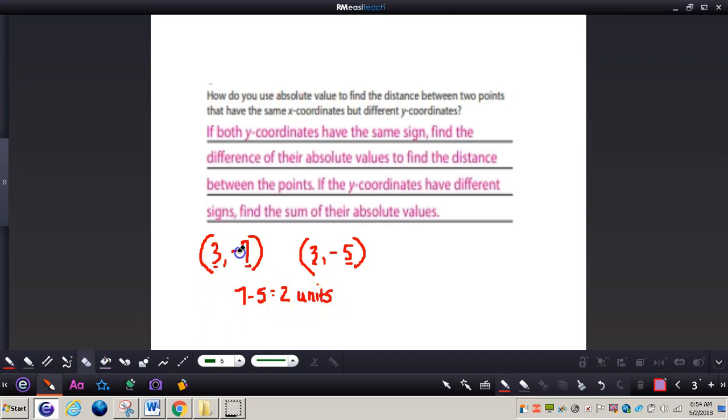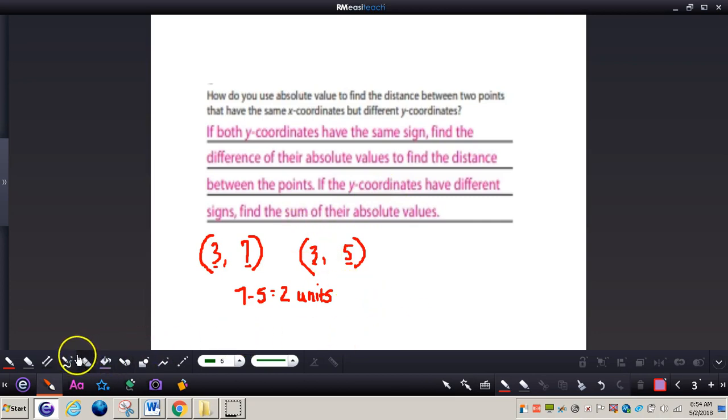Now this also would work if both of them are positive numbers. They would still be 2 units away from each other as well. So if both y coordinates are positive or they're both negative numbers, you find the difference. Now, if the y coordinates have different signs, you find the sum of their absolute values.